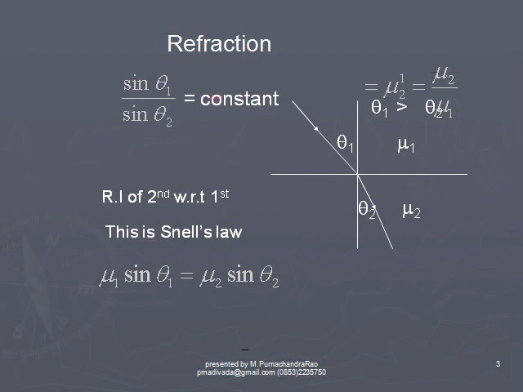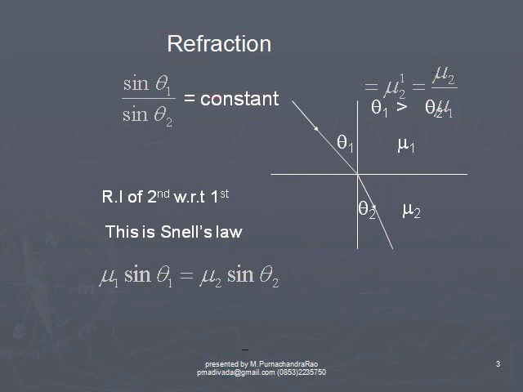It is given by mu2 by mu1. Snell's law is also written in the form mu1 sin theta 1 is equal to mu2 sin theta 2.